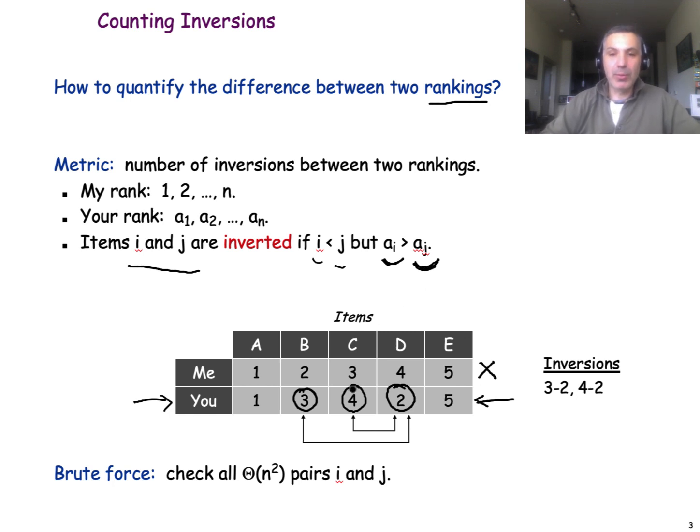A brute force obvious way to solve this problem would be to consider every pair of i and j, and of course we have in the order of n squared such pairs, and for every pair examine whether i is smaller than j, and in that case whether a_i is larger than a_j, and count the inversions in this way. The question is, can we do better than that?